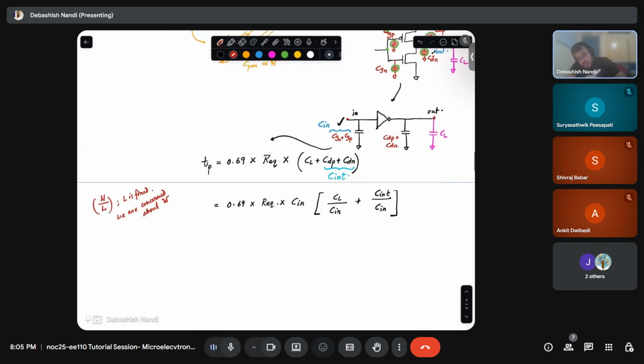Can you tell me how R equivalent is, proportional to W or inversely proportional to W? Inversely proportional to W. What about C in? Proportional to W. What about CL?